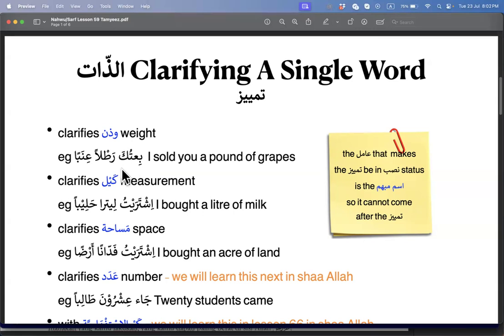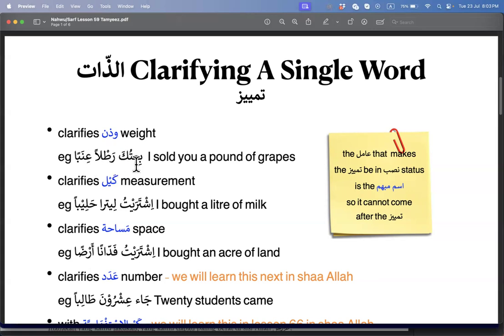The ka is maf'ulun bihi. Good. Rotlan is a pound. Aniba is grape, correct.